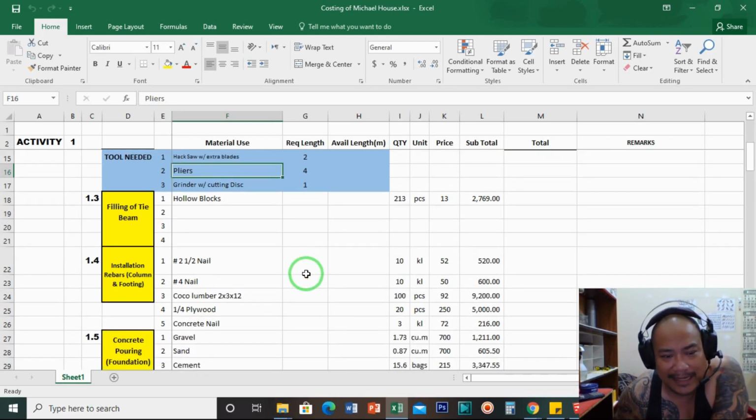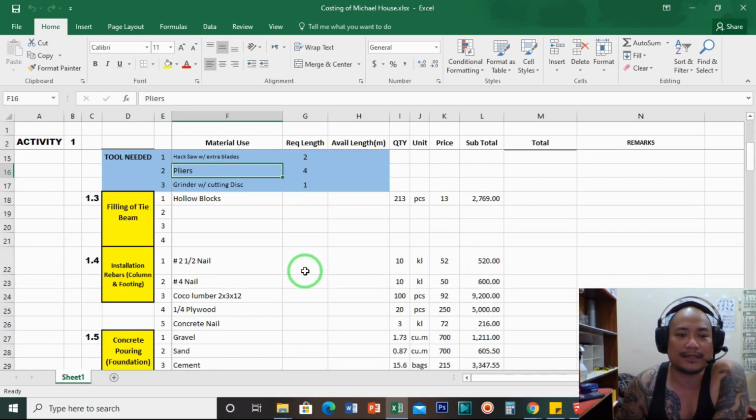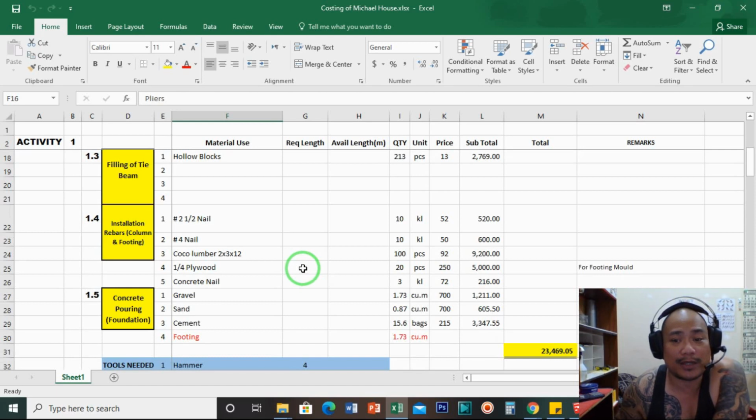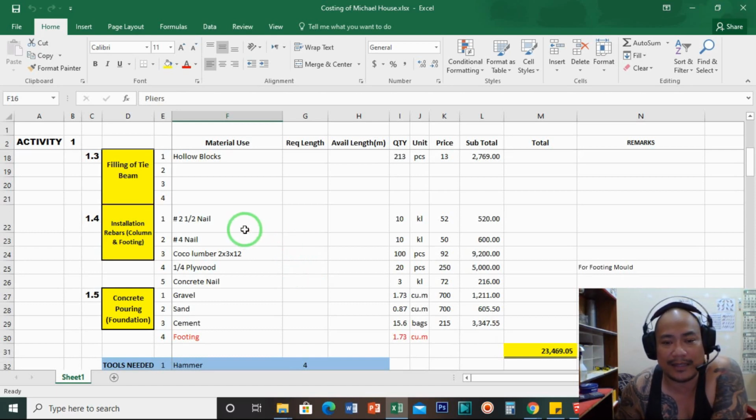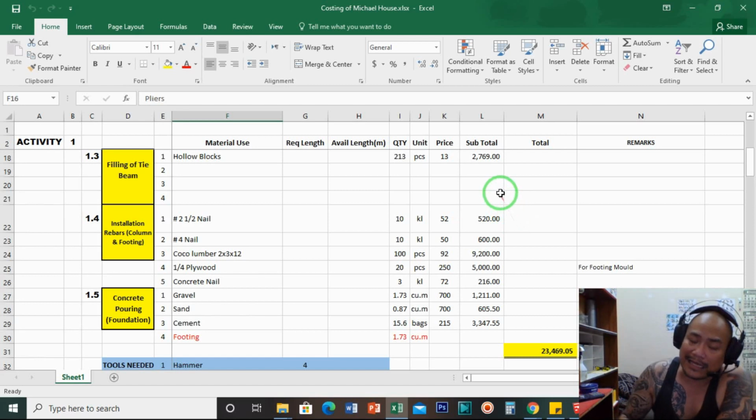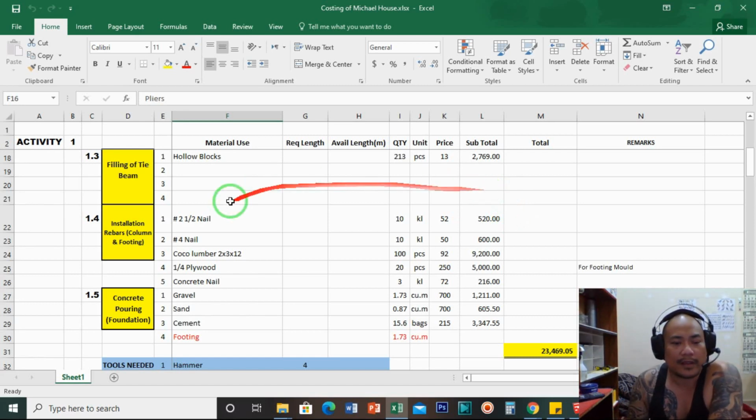Next activity is installation of rebars of column and footing. I show you in my drawing the rebar. So this is what we need in installation of rebars. Number 2 1/2 nail, at least 10 kilos. Number 4, at least 10 kilos.